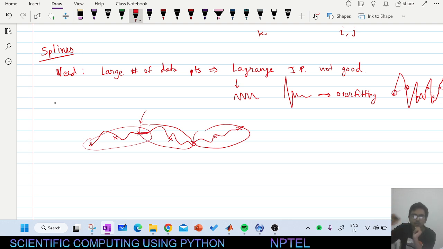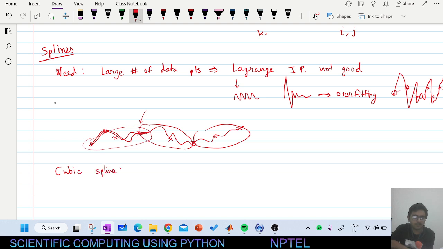So you get overall smooth data, but it is approximated locally, rather estimated locally, because this is controlled only by these 3 points or 4 points. It depends on what kind of spline you are using. The most common one, which the professor talked about, was the cubic spline.